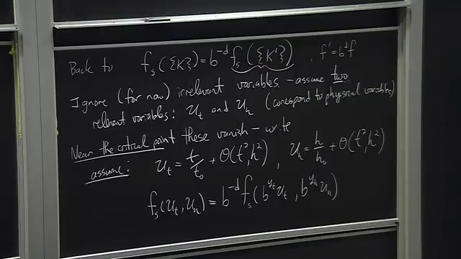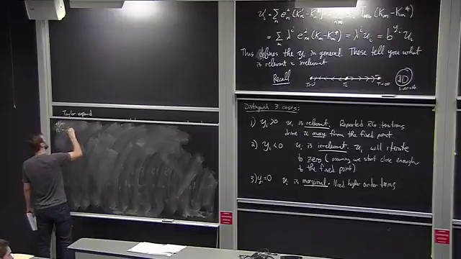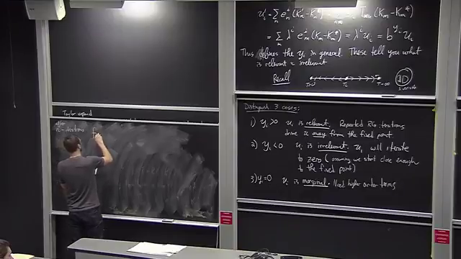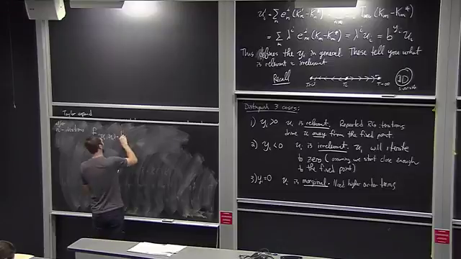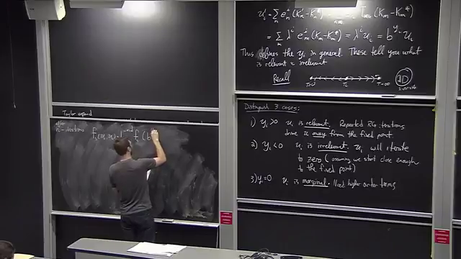Okay, so that's one RG step. If I do n iterations, then this equation just gets applied n times.